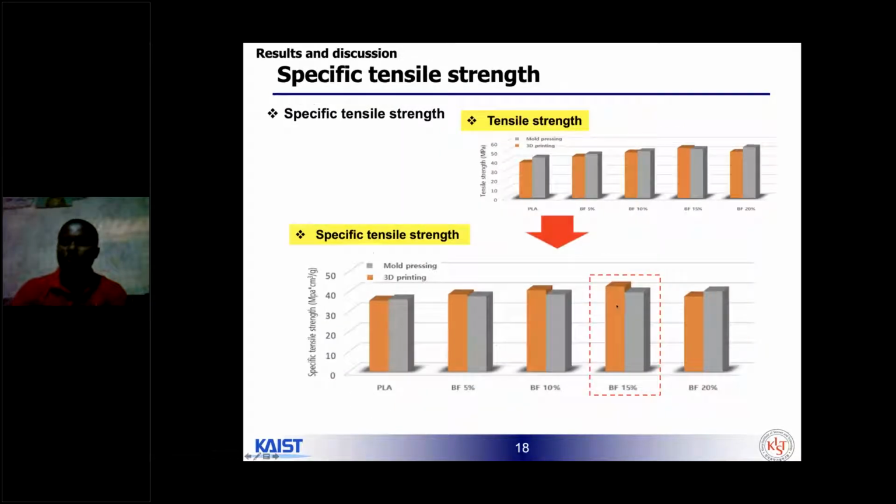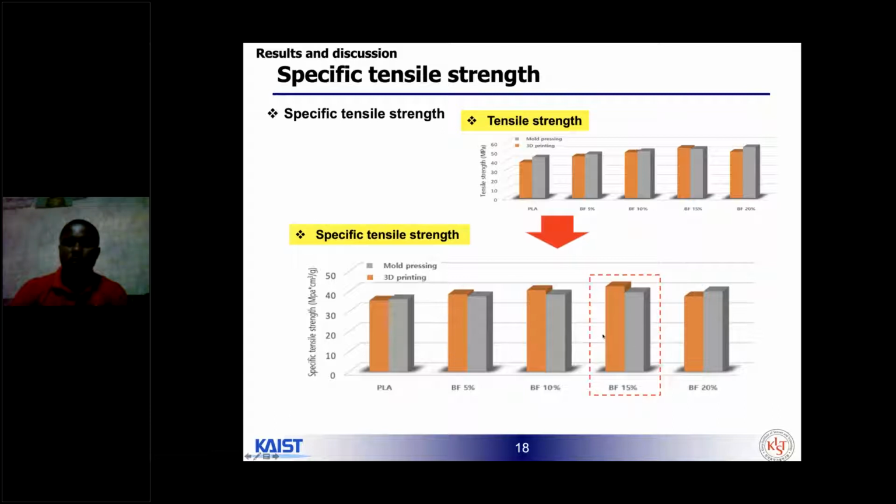Overall, the specific strengths of both samples followed the same trend as tensile strengths. However, the 3D printed sample shows a higher specific strength than the mold process sample at a certain budget fiber content.